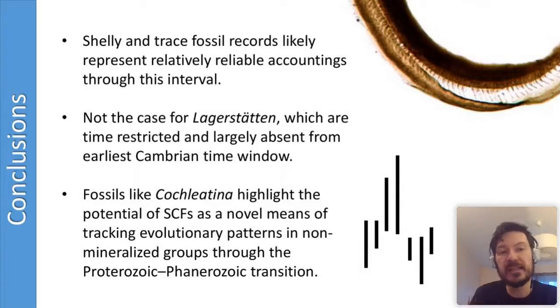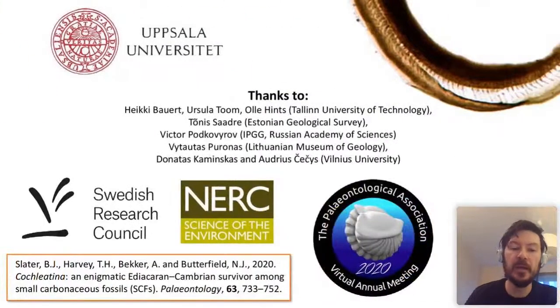And crucially, Cochleatina shows that SCFs can capture unmineralized taxa, but unlike Lagerstätten, this type of preservation doesn't seem to have a restricted taphonomic window, at least not in time. So it can provide a relatively continuous record from a really broad range of paleoenvironments. So it's great for looking at this transition. Thanks very much for listening, and I'd be happy to take any questions.